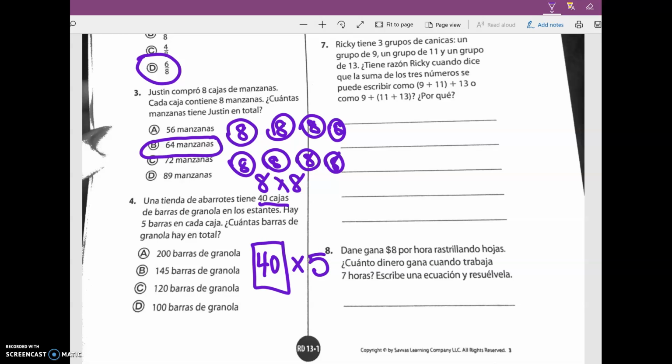Eso puede ser difícil. 40 times 5. Puedes hacer 40 más 40 más 40 más 40 más 40. Pero usando estrategias, we can just do 4 times 5. Y luego ponemos el 0. Así que 4 times 5 is 20. And then we add the 0. So es la A.